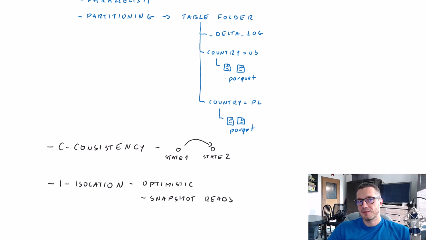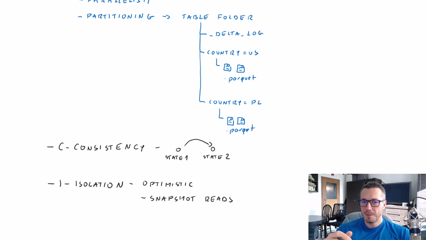Now, in case of concurrent writes, so in case of two transactions that would like to write at the same time, again, we use this optimistic model, and it is implemented in the following way. So first, the write transaction reads the current state of our data, again, based on the log. Then it makes any updates that are necessary, so it creates those new Parquet files.